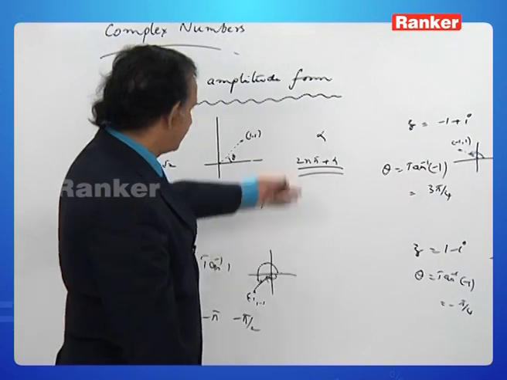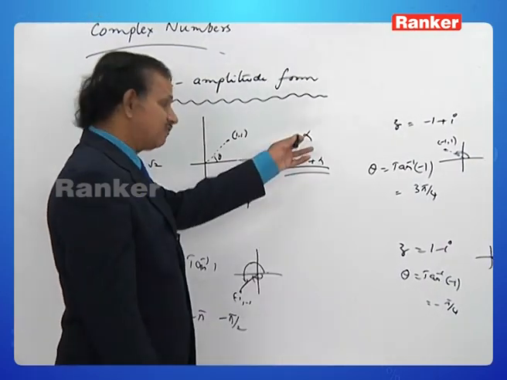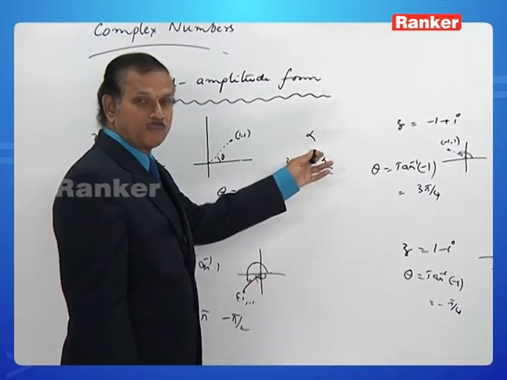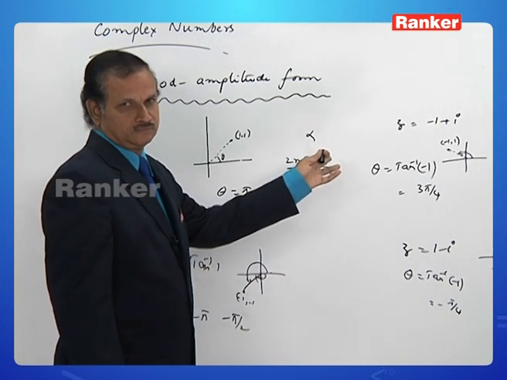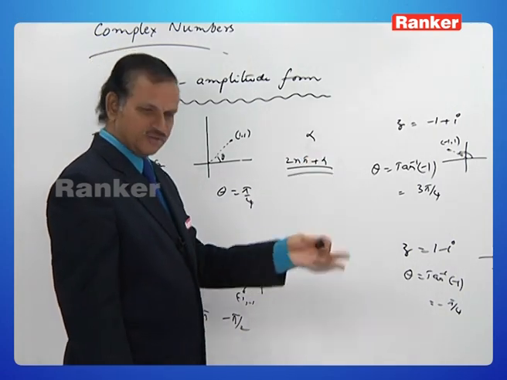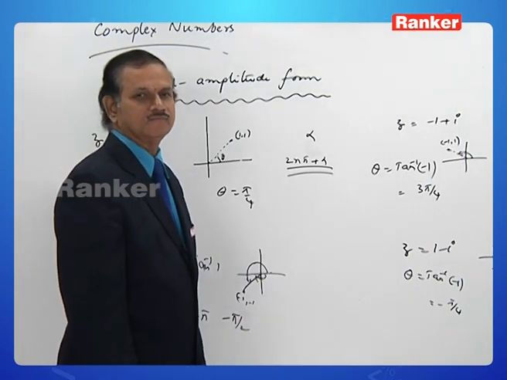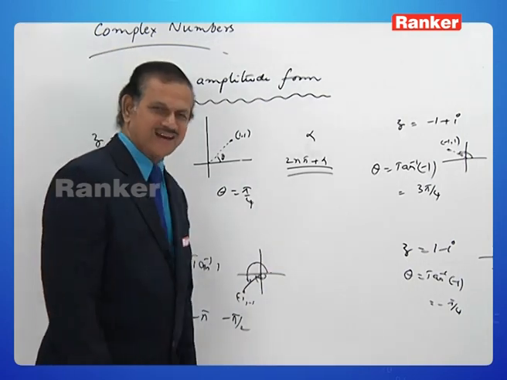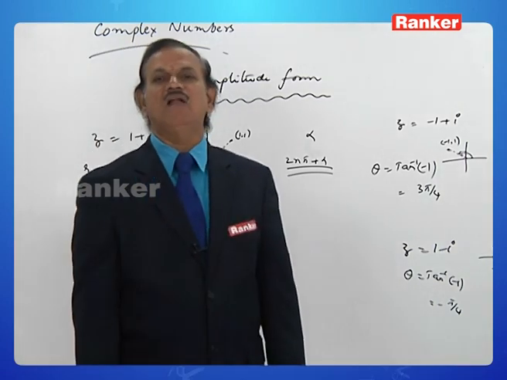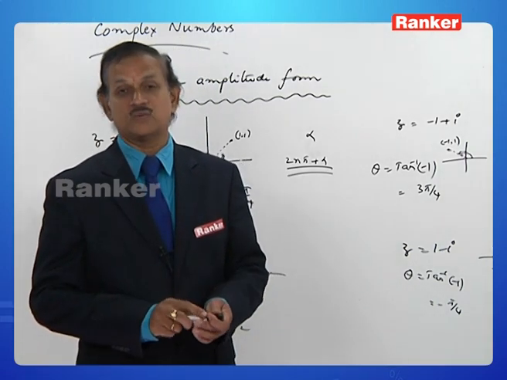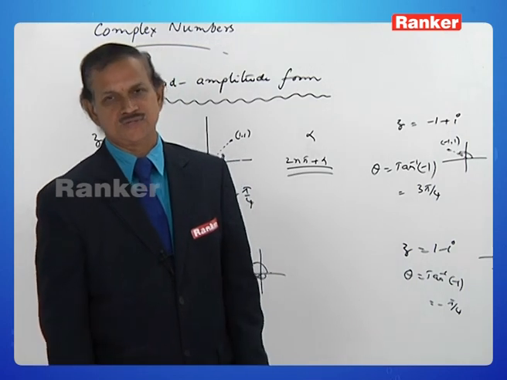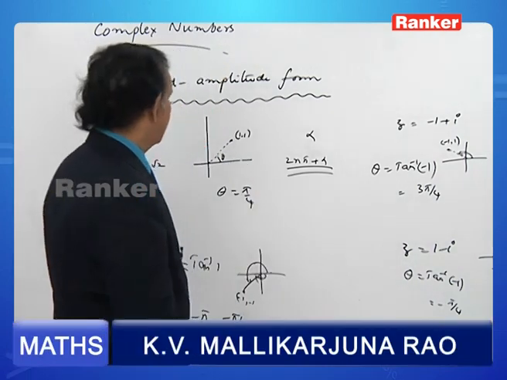The general amplitude is 2n pi plus alpha, provided alpha is the standard amplitude or principal amplitude. Standard amplitude, principal amplitude, or simply amplitude, or argument. Then the general amplitude or general argument is 2n pi plus alpha. This is the way in which we consider the amplitudes, right?